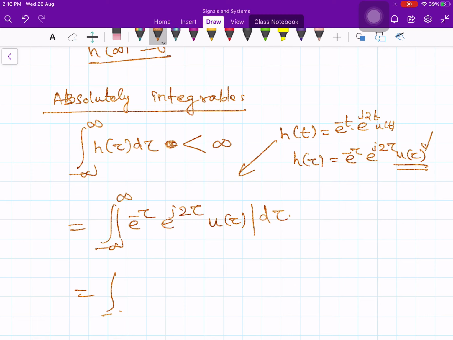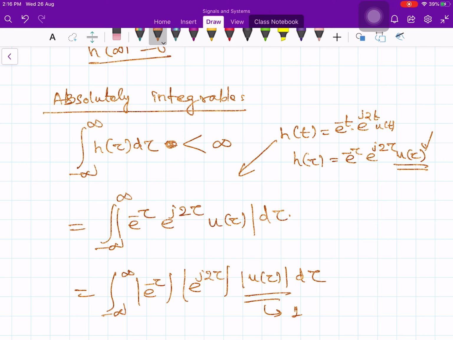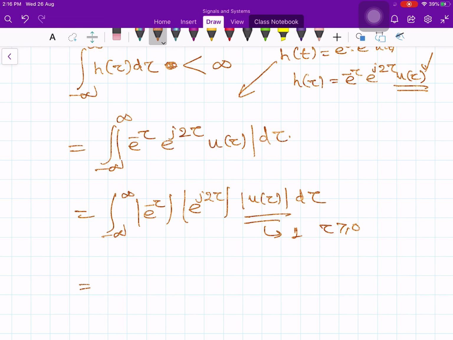The magnitude of e to the minus tau, the magnitude of e to the j2 tau, and the magnitude of u of tau. What is u of tau? u of tau is equal to 1 for tau greater than or equal to 0. Therefore, the integral is now from 0 to infinity. For tau less than 0, the integration becomes 0.